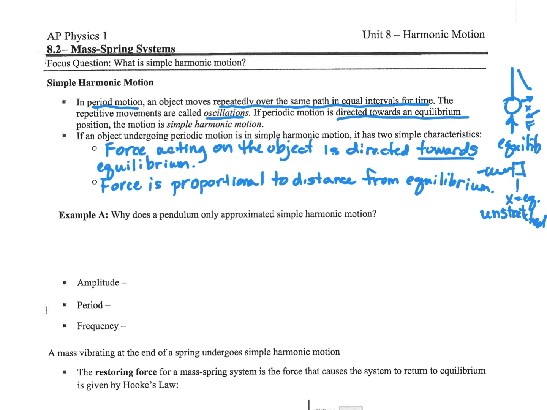In other words, the restoring force, which is what we're going to call it, varies linearly with displacement. That's what proportional means.